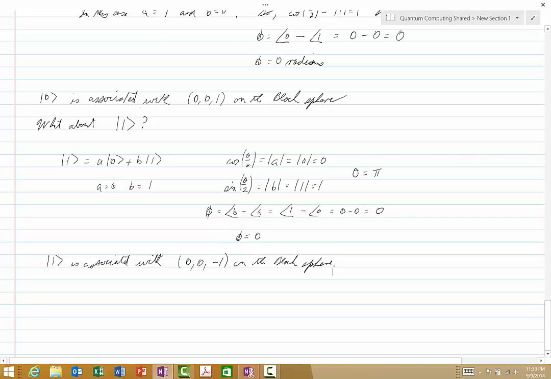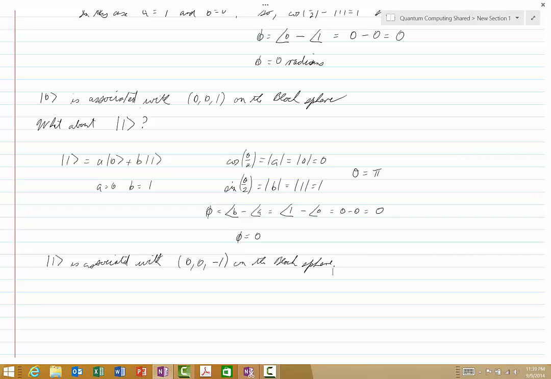And in fact, it can be proven, and I very strongly encourage you to try to do this yourselves, that any two antipodal points on the Bloch sphere, in other words, any two points connected by a line through the very center of the Bloch sphere, correspond to two states that are orthogonal to each other.